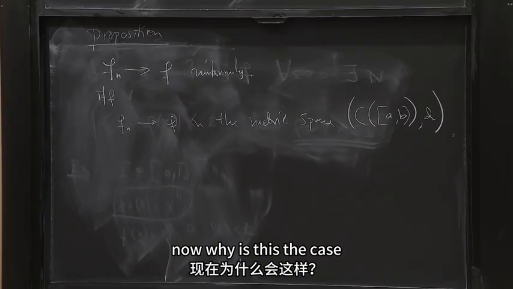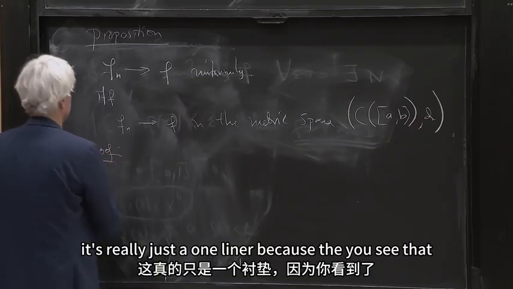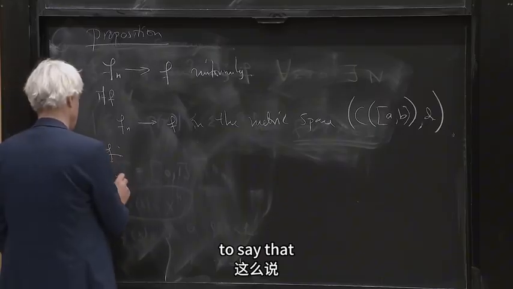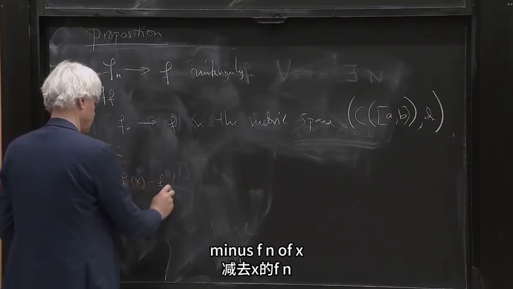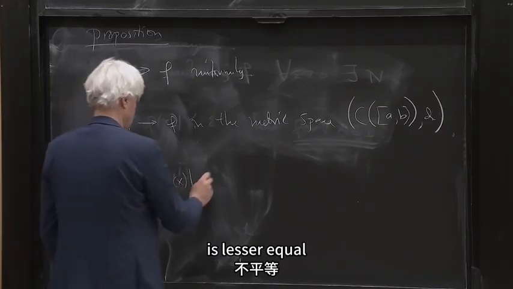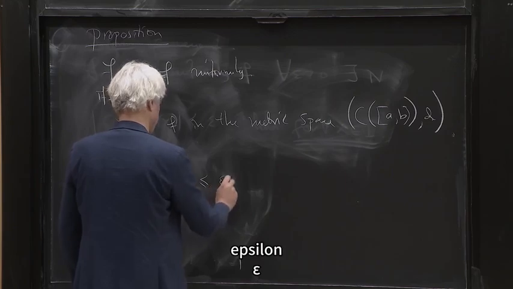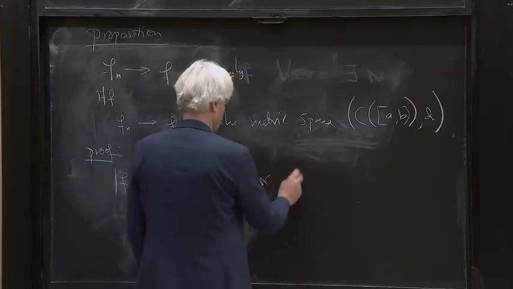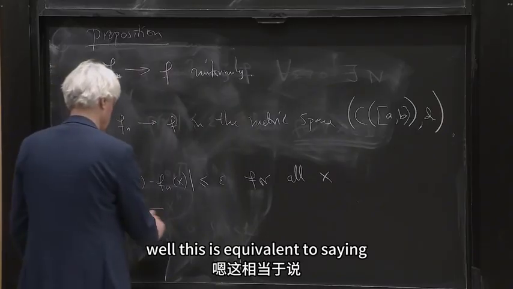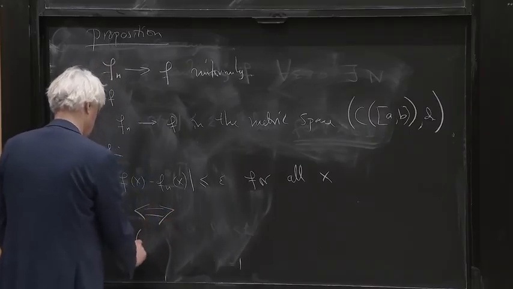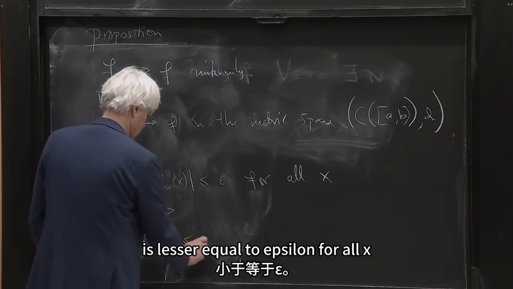Now, why is this the case? So the proof of that is really just a one-liner, because you see that to say that |f(x) - f_n(x)| is less than or equal to epsilon for all x, this is equivalent to saying that the distance between f_n and f is less than or equal to epsilon.